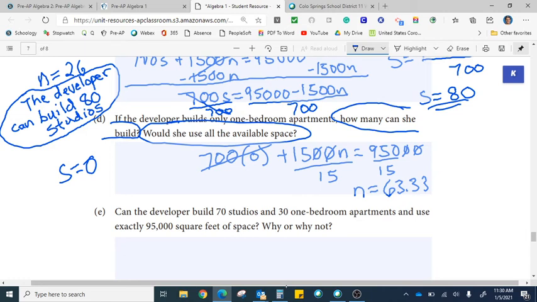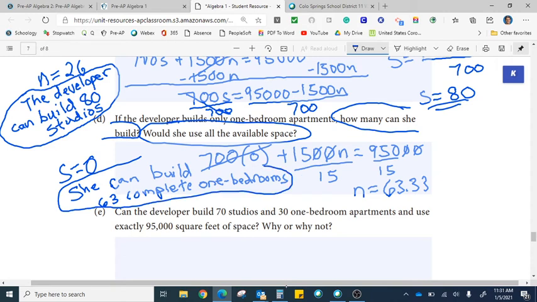She can build 63 complete one-bedrooms. All right, so she can build 63 complete one-bedrooms.